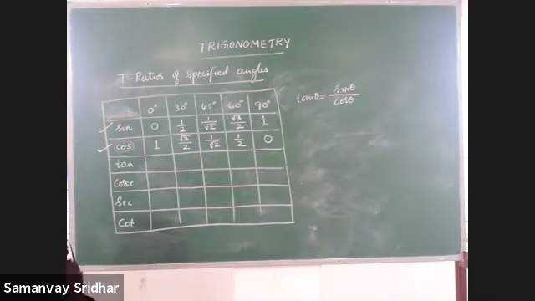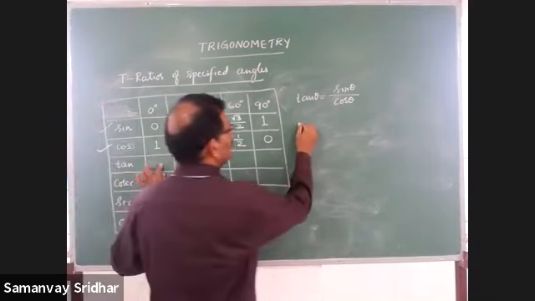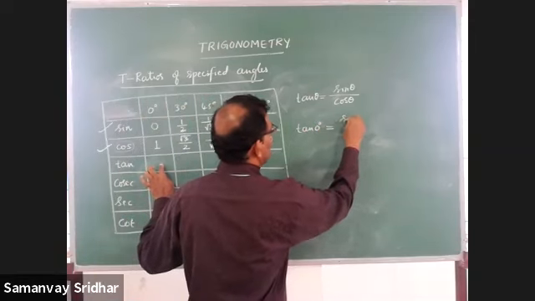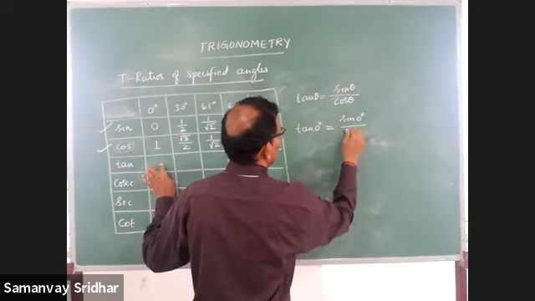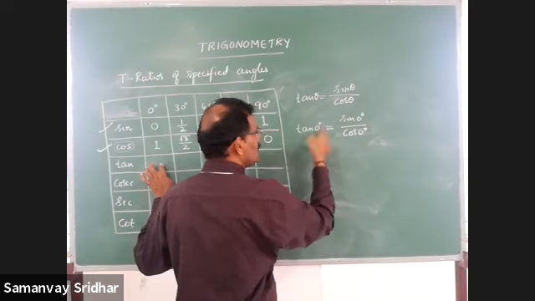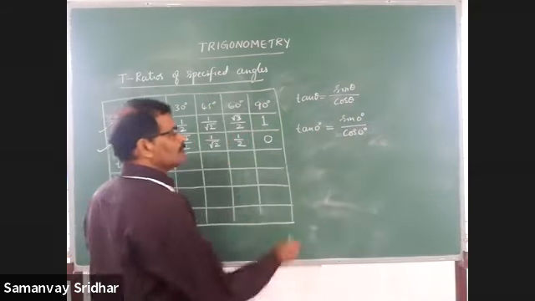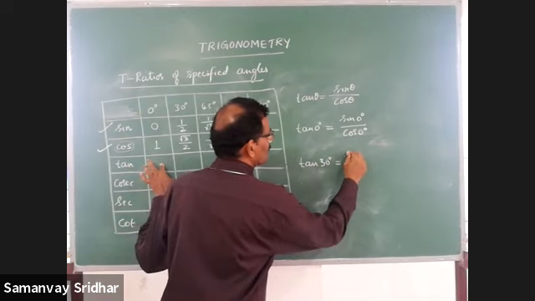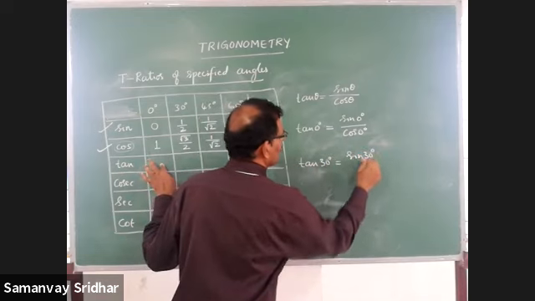Got it? Now, what is tan 0 degree? Tan 0 degree is equal to sine 0 degree by cos 0 degree. If you get theta here, then theta; if you get 0 here, then 0. Similarly, what is tan 30? Tan 30 is sine 30 degree by cos 30 degree.